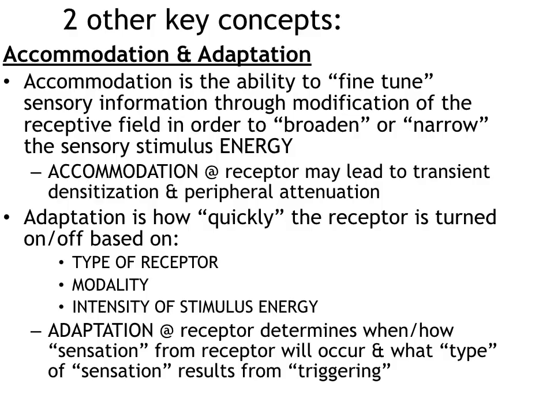Two key things that we have to remember when we're looking at sensation and how the sensory receptors are going to fire is the idea of accommodation and adaptation. Accommodation is how well can I fine-tune the receptor, that is, can I broaden or narrow the domain to change the amount of energy necessary to have the receptor fire. The other idea here is adaptation. Adaptation is how quickly will the receptor turn on versus turn off.